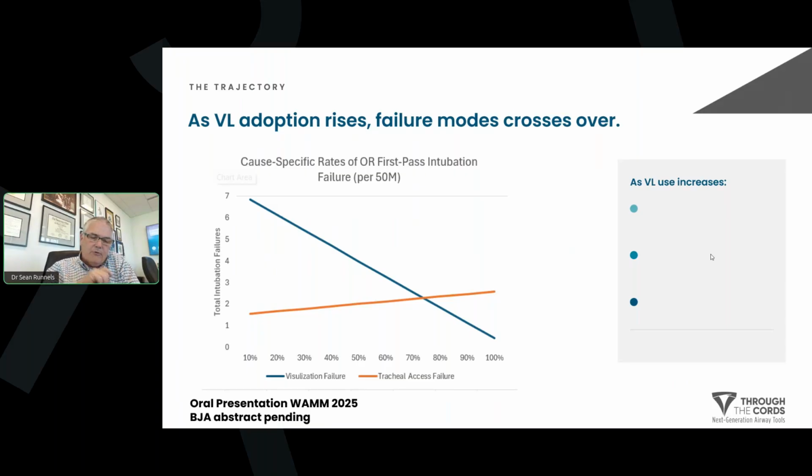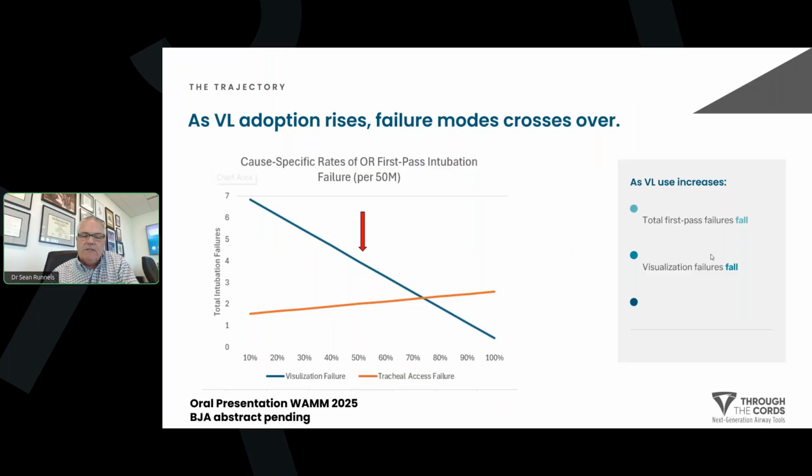This is 10% VL adoption, 20%, 30%, 40%, up to the world of the future, where we're only using video laryngoscopy. And the data from Krieg and Prekker were put into this, and so you can scale up to 50 million intubations per year. And what we do see is as VL adoption goes up, the total first pass failures fall.